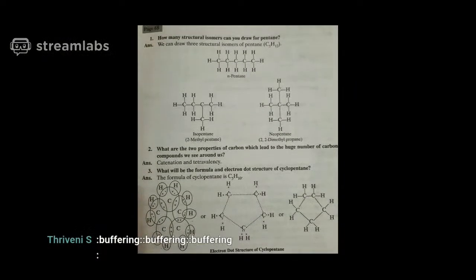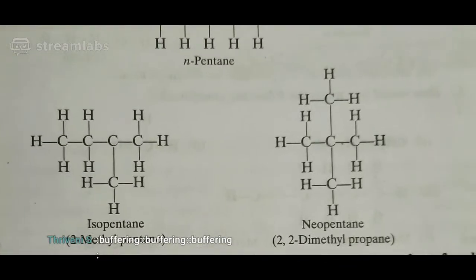So it is named as neopentane or 2,2-dimethyl propane. Okay, this is how we can represent pentane as neopentane.